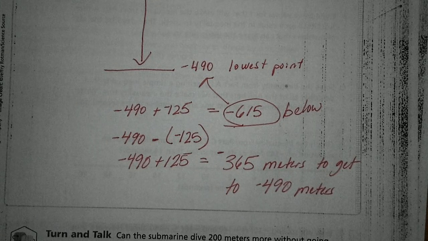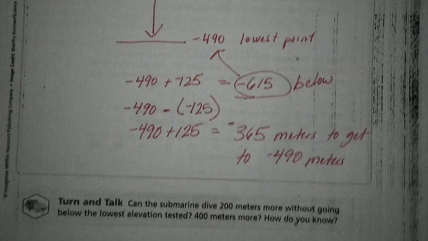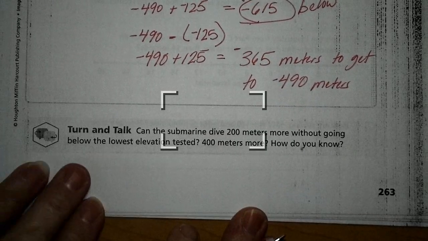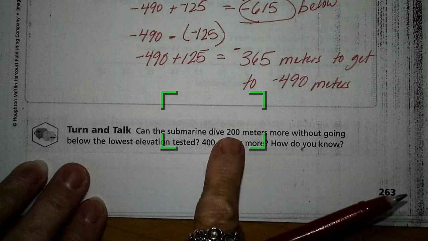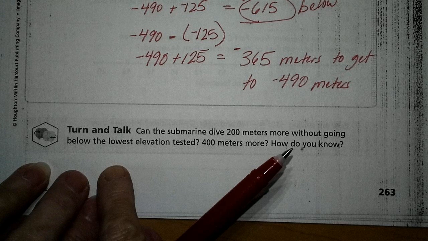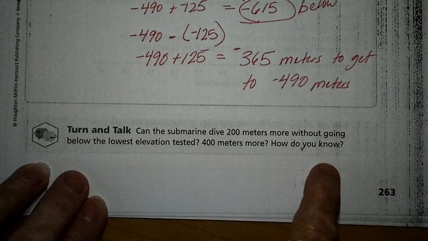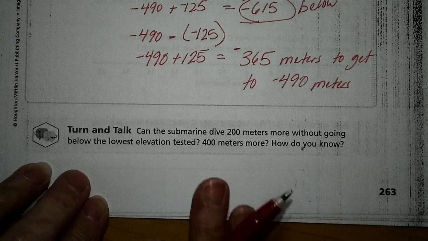Okay, does that make sense to everybody? All right, so the turn and talk says, can the submarine dive 200 meters more without going below the lowest elevation? And then can they go 400 meters more without going below the lowest elevation?